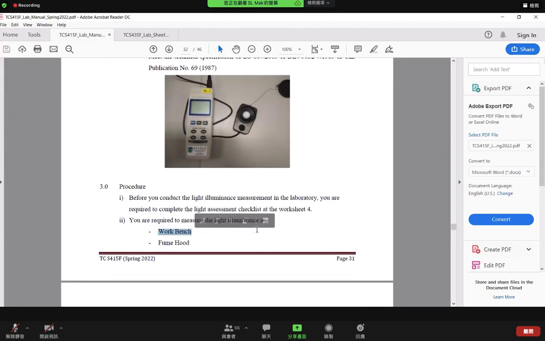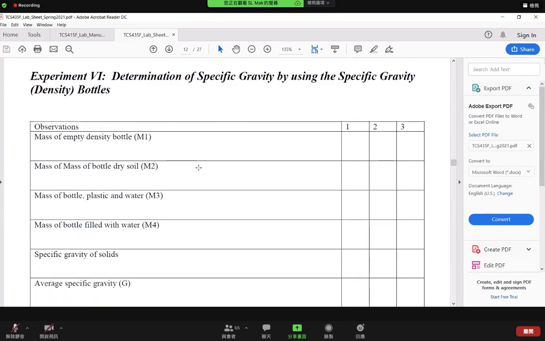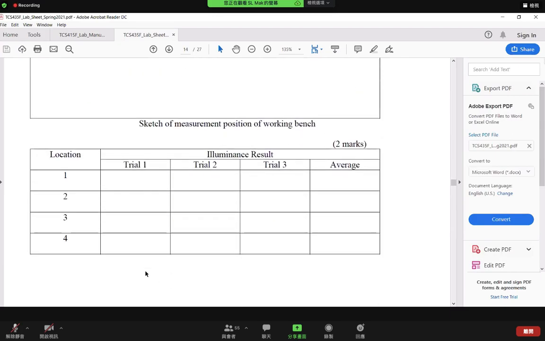First location, workbench, and then second one, the cutting board, to check the light intensity and conclude whether the result is appropriate or not, and any suggestion based on the result. So you are required to draw how to measure and the value.